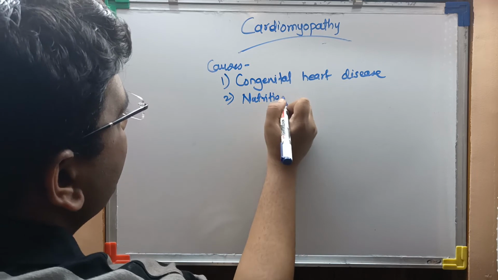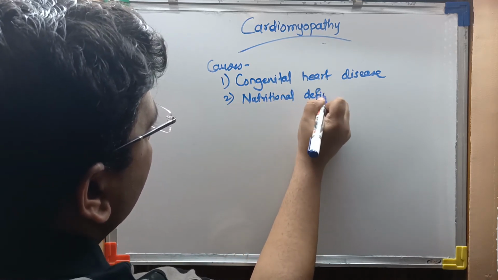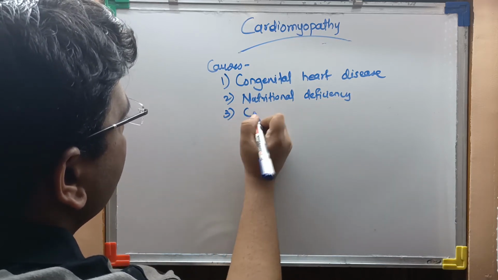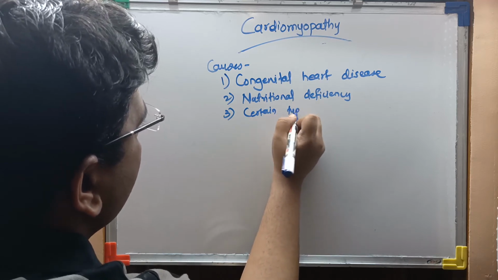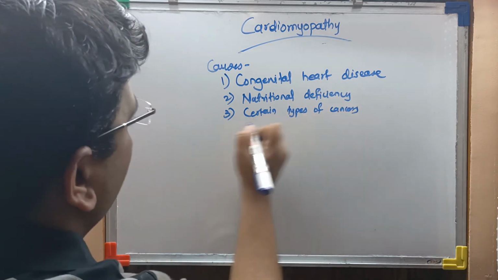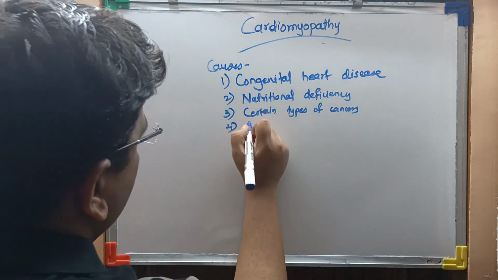Because of nutritional deficiencies, cardiomyopathy can occur. The third one is certain types of cancer. And the fourth one is past heart surgeries.